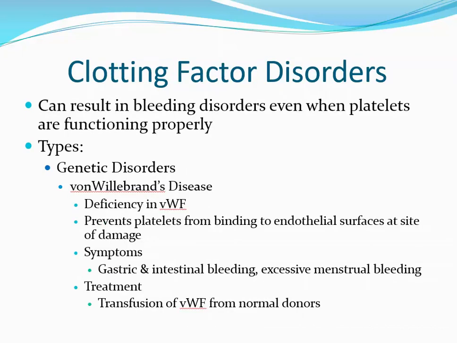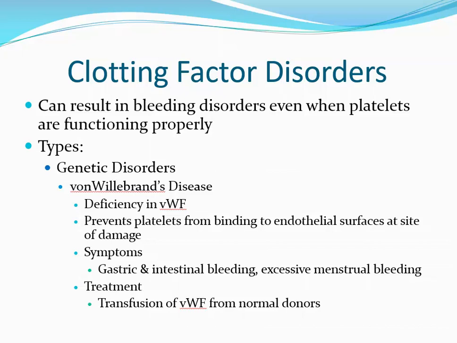Last thing to look at are some clotting factor disorders and other causes of bleeding. Here, these clotting factor disorders can result in bleeding even when platelets are functioning properly. Again, all you need to do is remove just one clotting factor from the cascade, and you will be unable to form a clot. One of these disorders is known as von Willebrand's disease.